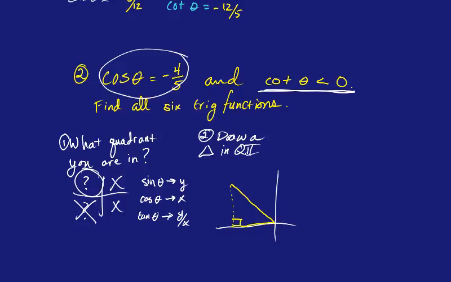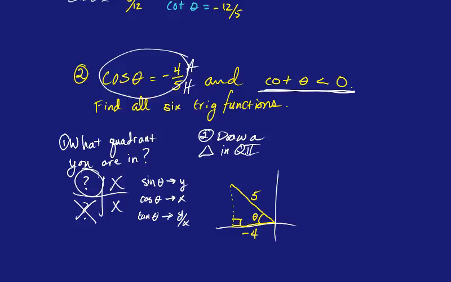That's the way your triangle needs to look. Here's theta. Now if the cosine of theta is negative 4/5, remember, cosine is adjacent over hypotenuse. So negative 4 is my adjacent, and my hypotenuse is always positive, so that is 5.